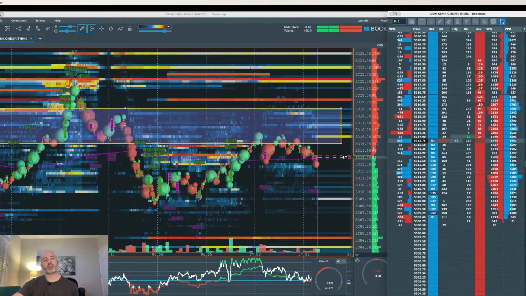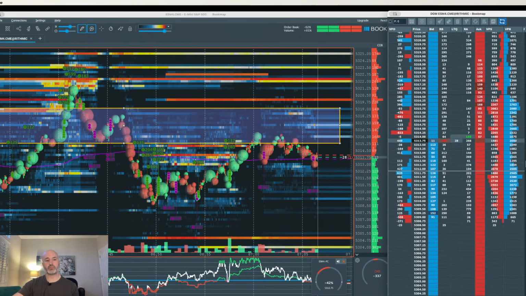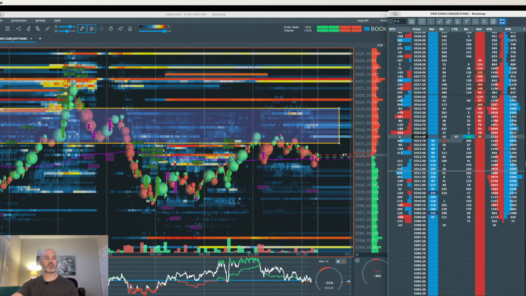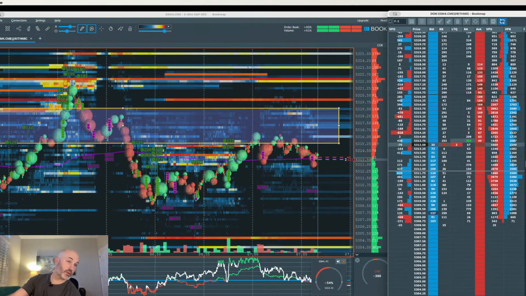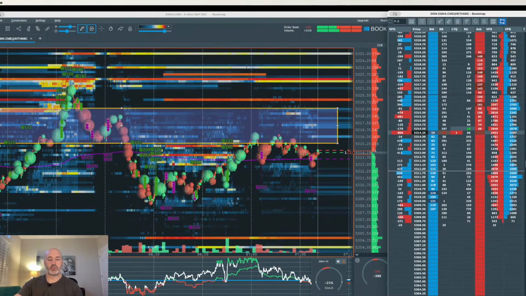It hasn't moved a lot since news. It's been relatively quiet here. Good amount of volume, but it's just tracked in a barcode fashion, sideways. All right, I'm going to turn on my mic for a minute.